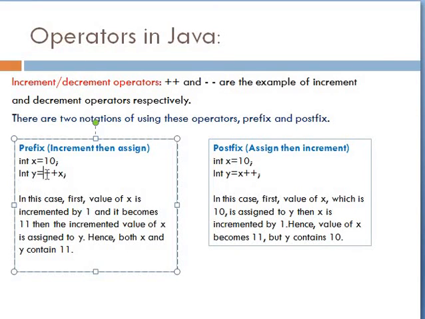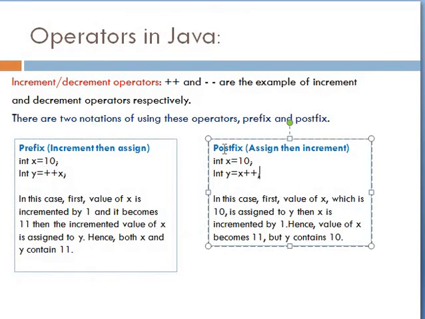This is clearly shown by the increment symbol ++, which sets the new value of x as 11, after the old value of x, which was 10, has been increased by 1. And when the new value of x becomes 11, it is then assigned to the variable y. Hence, the variable y now contains the value 11.